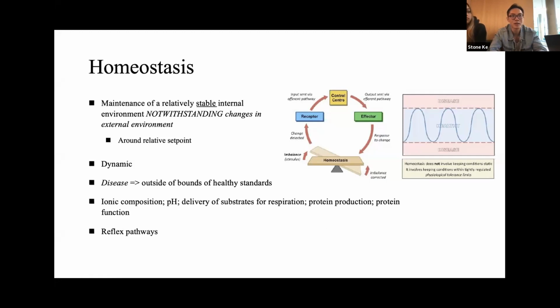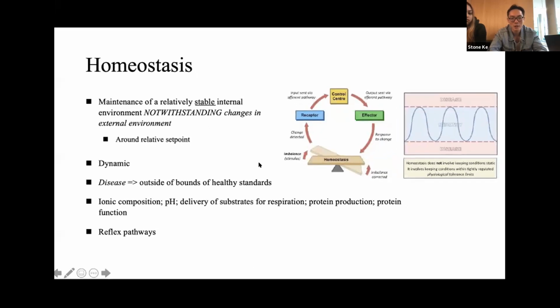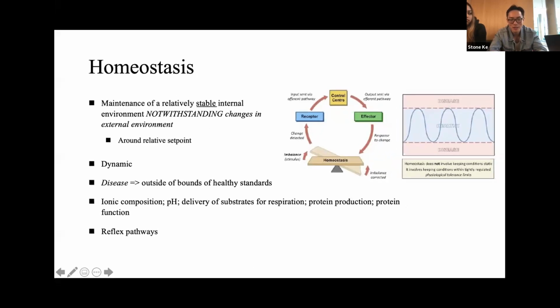I think they mentioned cells are protein factories, right? So proteins play a big part in our biology. If you change the temperature, pH, charge in the cell, that can interfere with protein structure, protein folding, and then that will change protein function, which is one of the primary reasons why we need to maintain all these parameters in our body.